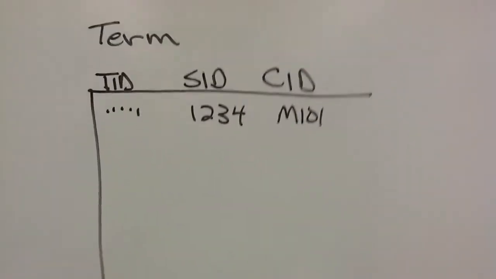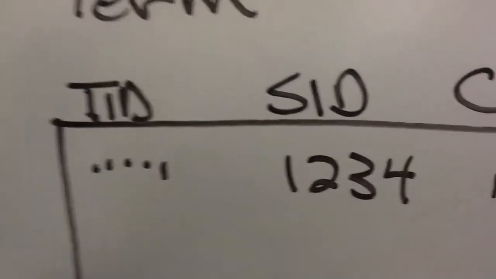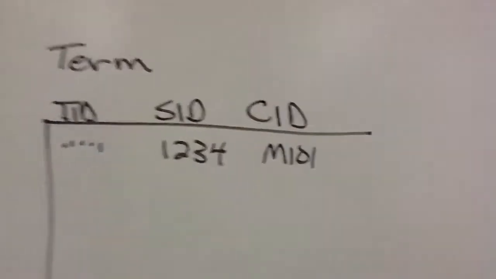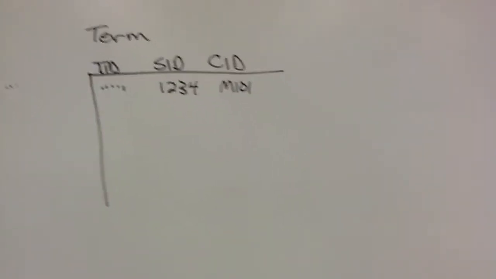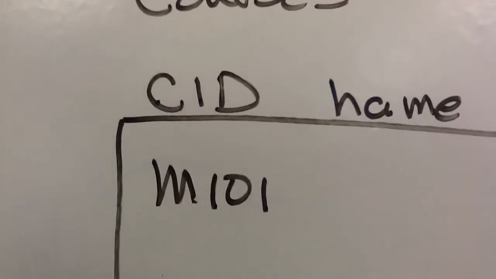And then we said a specific term, we can have a particular student taking a particular course. Now, it's more complex than what we got here, but this gives you an idea of tables and then how the tables relate. For example, here we have a faculty ID can be used up here. This particular faculty person teaches this course.